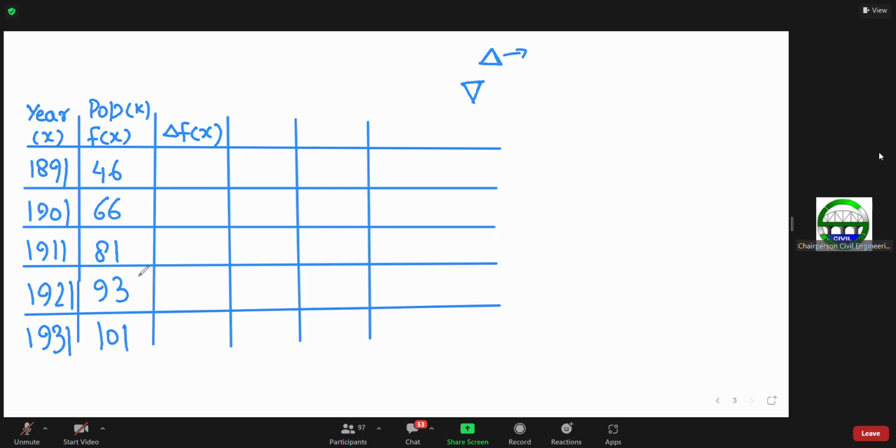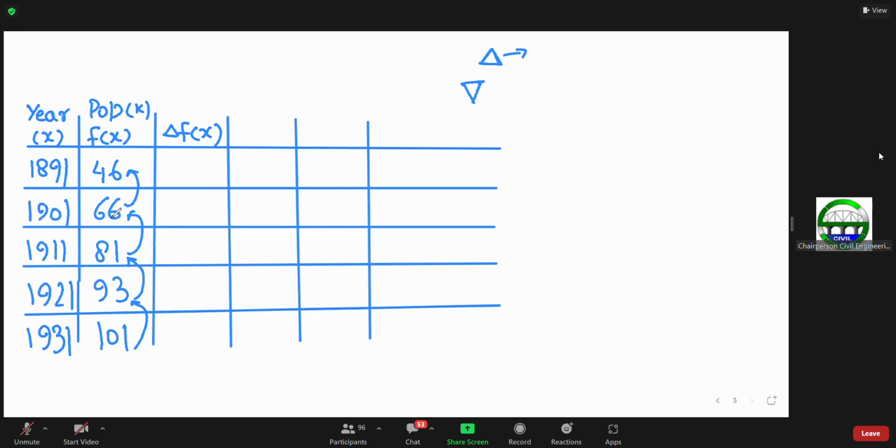Del f of x is the difference of this and this, this and this, and so on. One thing you have to do is write the result in the center, not in front of the values. I will use a different color.